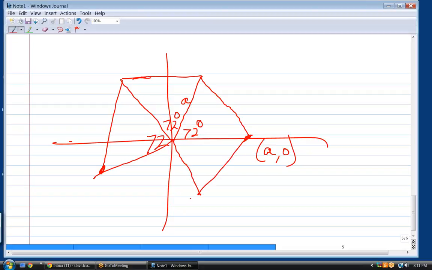He's right, none of the other vertexes are on the axis, but each of these angles is 72. In other words, we're still going to be able to answer the problem with the same strategy. We're going to solve this triangle for that coordinate.